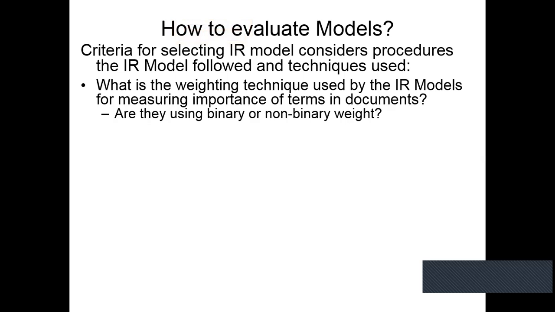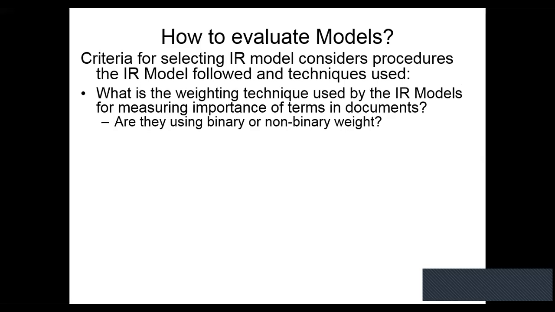Because if it is a common term or stop word, it has no discriminatory power. What about if the term is only rare, only one? It only identifies for us just a few documents, one or two or three documents.